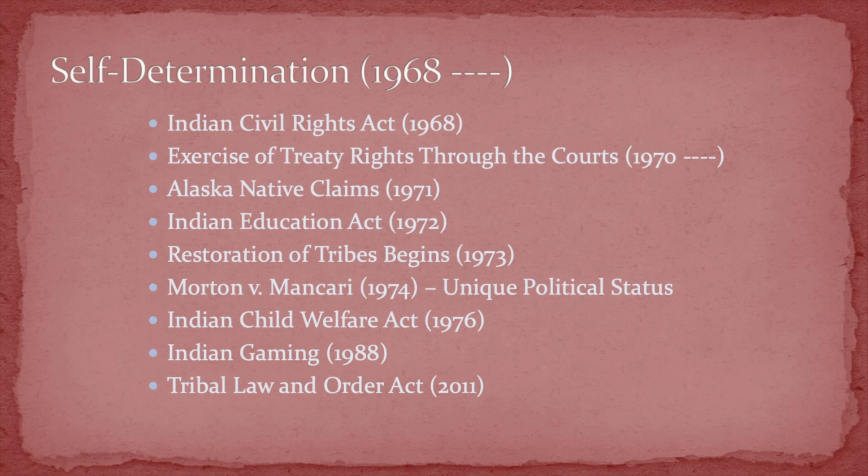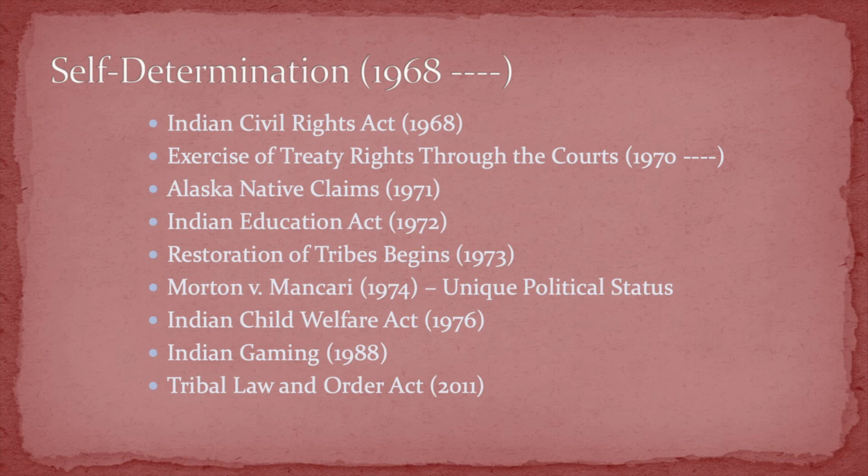That was a change for Indian people of being seen, of having a direct relationship with the federal government, with their own governments, right? It was the exercise of treaty rights through the courts started happening in the 1970s. Hunting and fishing rights were wanting to be fulfilled.